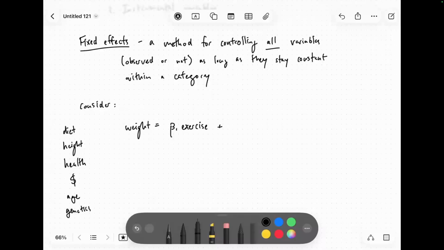And so if we're doing this properly and we want to understand this effect, you may have this issue. If we draw our causal diagram, we have exercise going to weight.